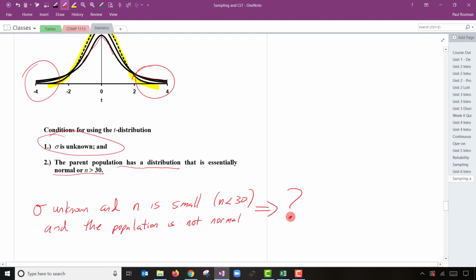There are techniques. They're not super reliable, but there are techniques developed for that situation because it does occur sometimes. But we don't cover them in this course. So when we run into this situation, we just won't do it. We'll conclude we don't have the methods to accomplish this.